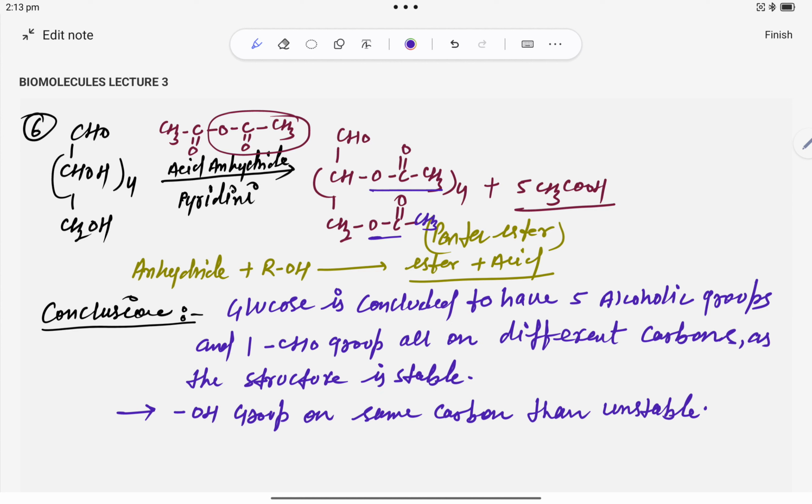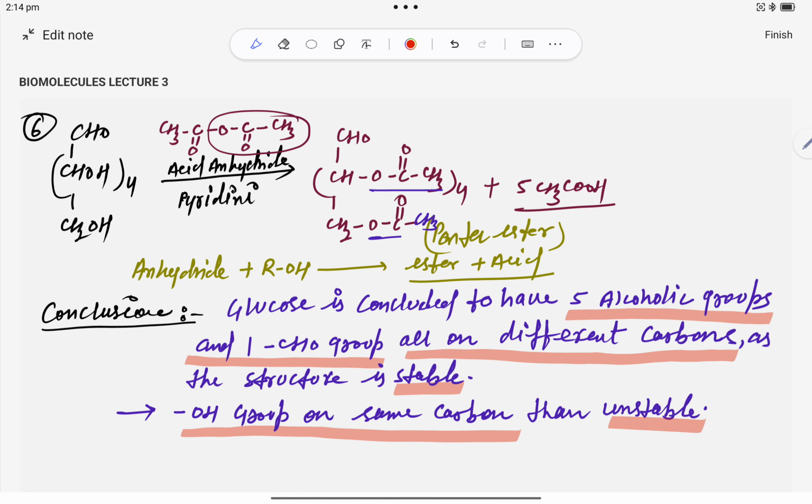So check it once again. What have we concluded? Glucose is concluded to have 5 alcoholic groups, 1 CHO group, all on different carbons as the structure is stable. OH on the same carbon will be unstable. So that is all about the glucose structure evidence.